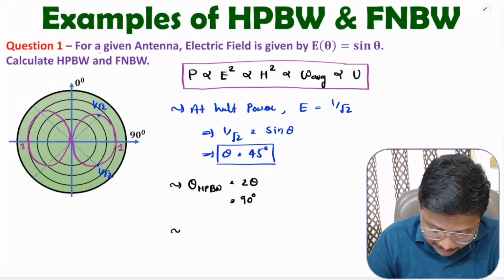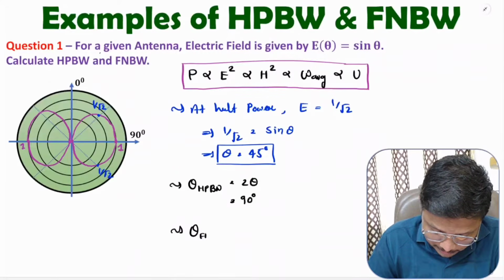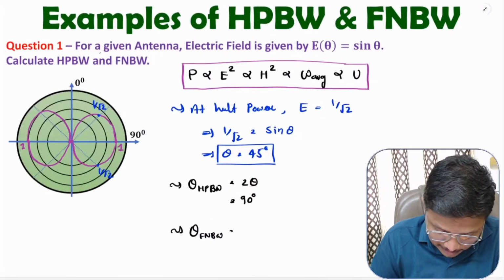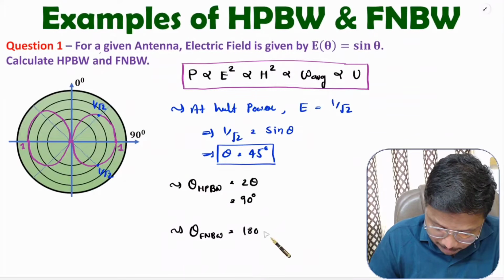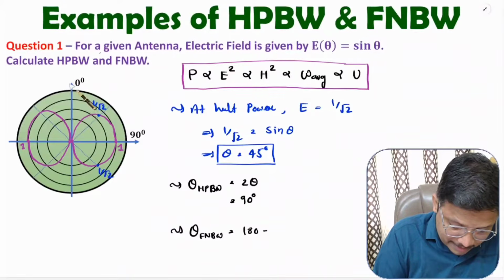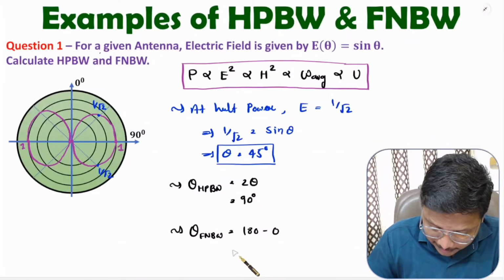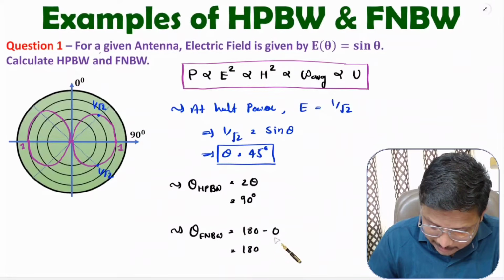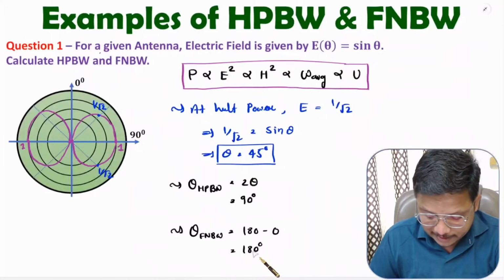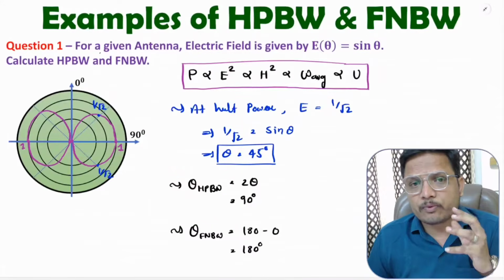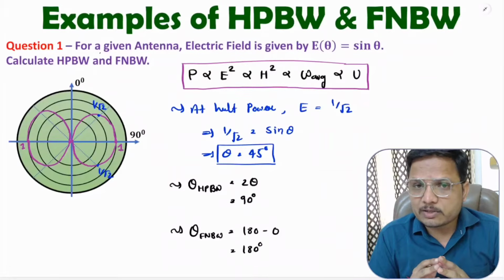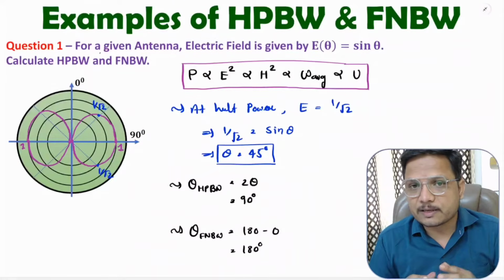So to identify the first null beamwidth, at 180 degrees a null is there, minus at 0 degrees a null is there, so that will be 180 minus 0, meaning 180 degrees, right? That is how one can identify this. So first of all, you should know the relation, and based on that, you can easily solve questions. Let us have the second interesting problem now.